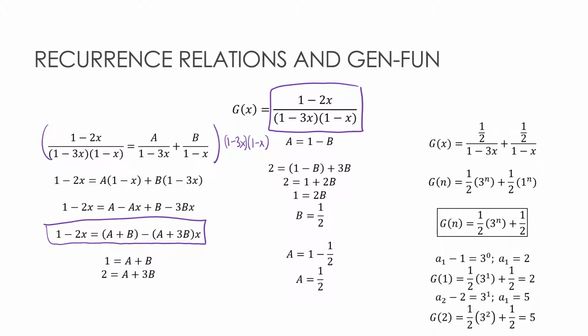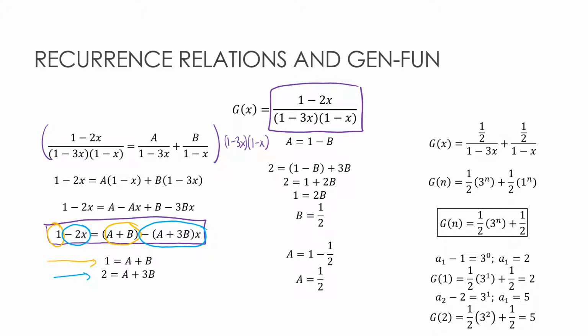So I've combined terms that don't have an x, I've combined terms that do have an x, and then I'm writing two equations. The first equation comes from 1 and a plus b. That's where this guy came from. The other equation comes from minus 2 and minus all of that. So notice I just dropped the minuses because that was redundant. So I have 2 and I have a plus 3b. So there's my two equations.